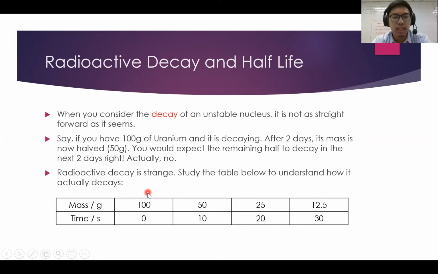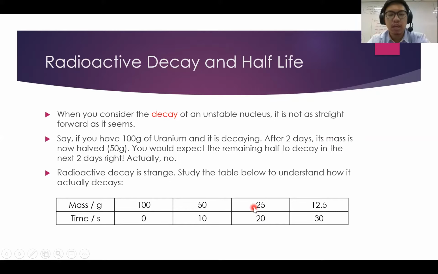Let's say at the beginning, time is 0 and it has 100 grams of mass. After 10 seconds, the mass becomes 50 grams. You would expect that when the time is 20 seconds, the mass becomes 0, so the other half should have decayed by now.